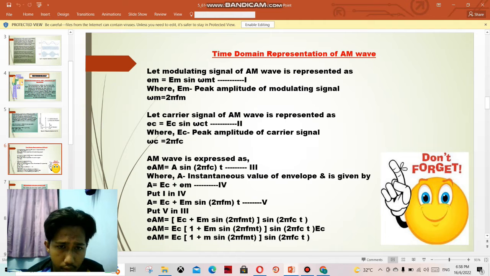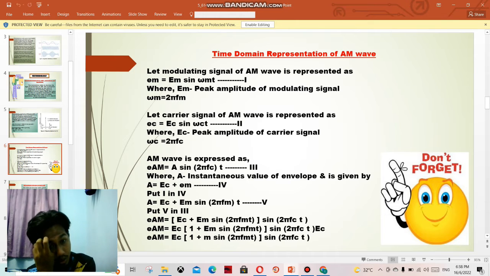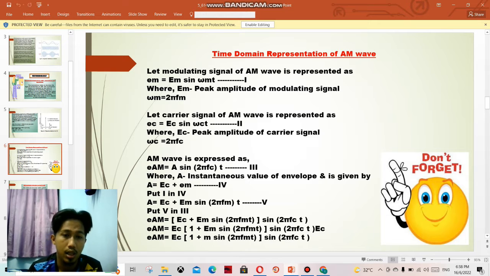The carrier signal of the AM wave is represented as ec, where Ec is the peak amplitude of the carrier signal and omega c equals 2 pi fc.